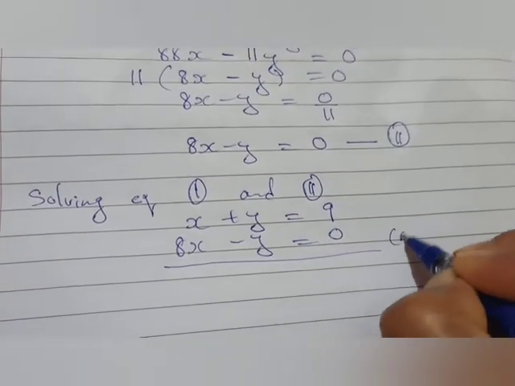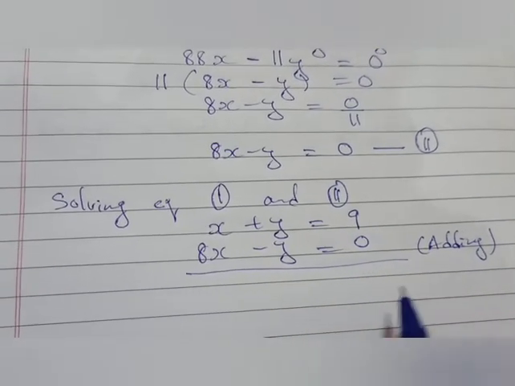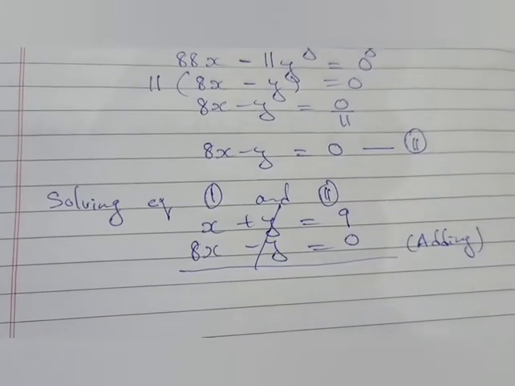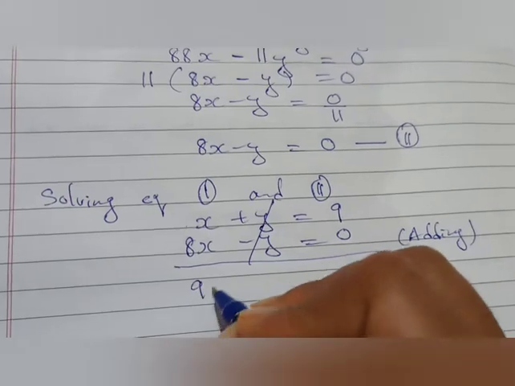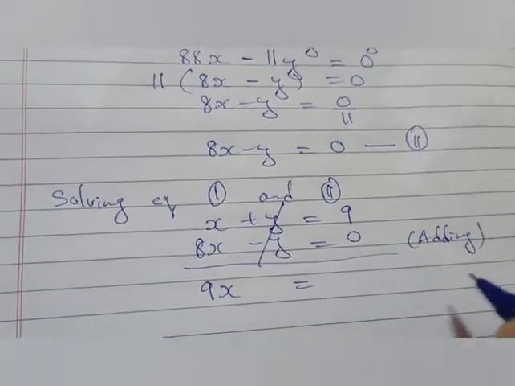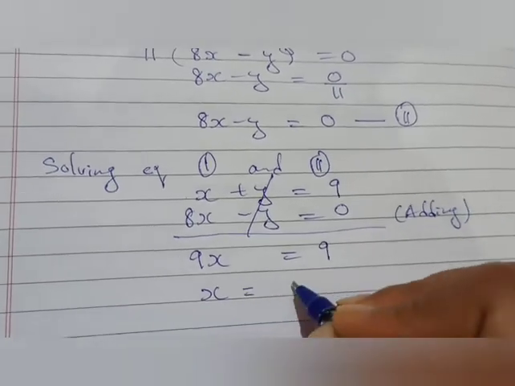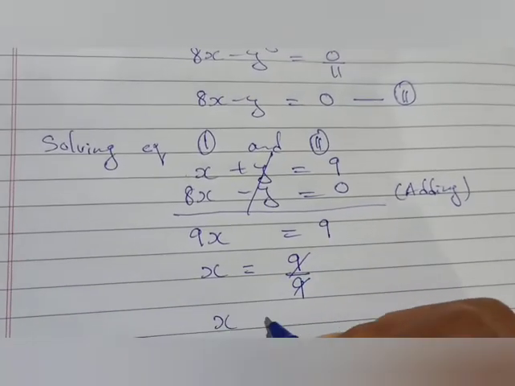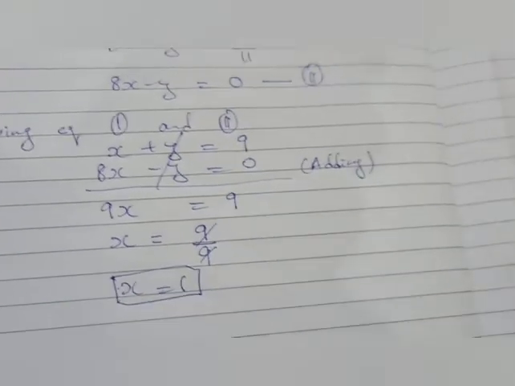That means we'll add the two equations, so the sign of the lower equation won't get reversed. Plus y and minus y will get cancelled. x plus 8x will give us 9x equals 9 plus 0, which is 9. So x equals 9 by 9, and we get the value of x as 1.